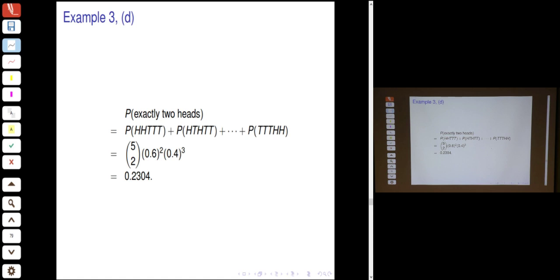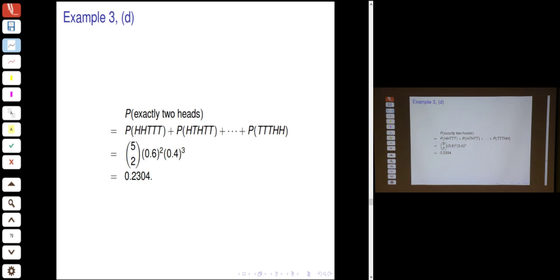So you have to list all the possibilities. Among the 5 tosses, you have 2 heads, right? So altogether it is 5 choose 2, because the heads can appear in different combinations.